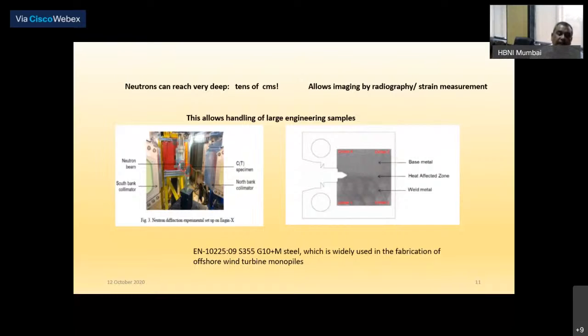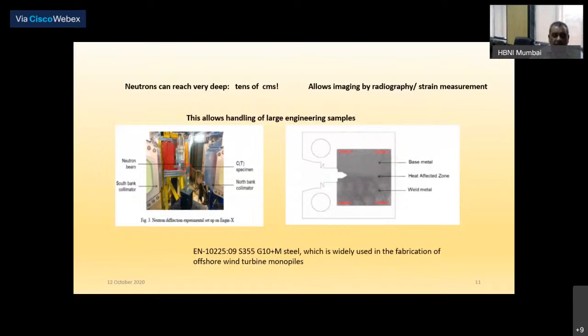Like in this case, these are turbine blades for some offshore wind power units, which is a EN 10225 S355G10 steel, which is widely used in fabrication of offshore wind turbine monopiles.